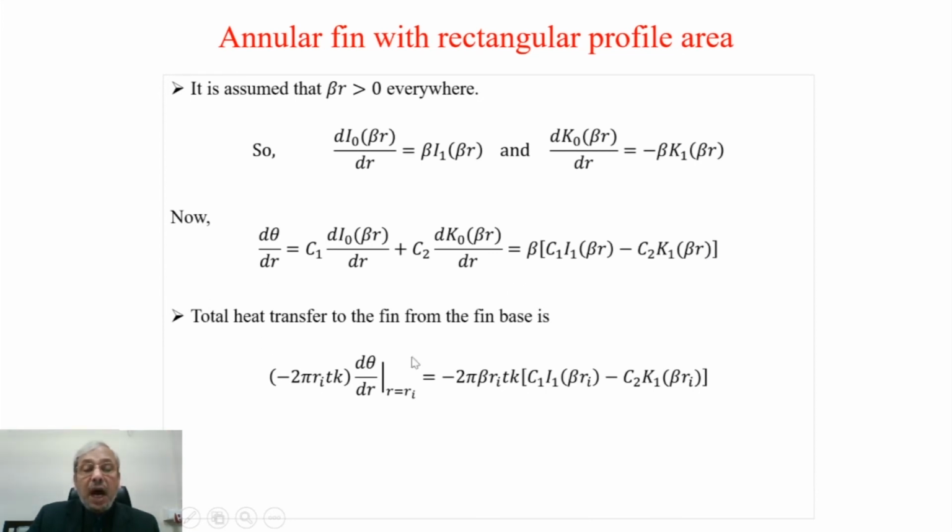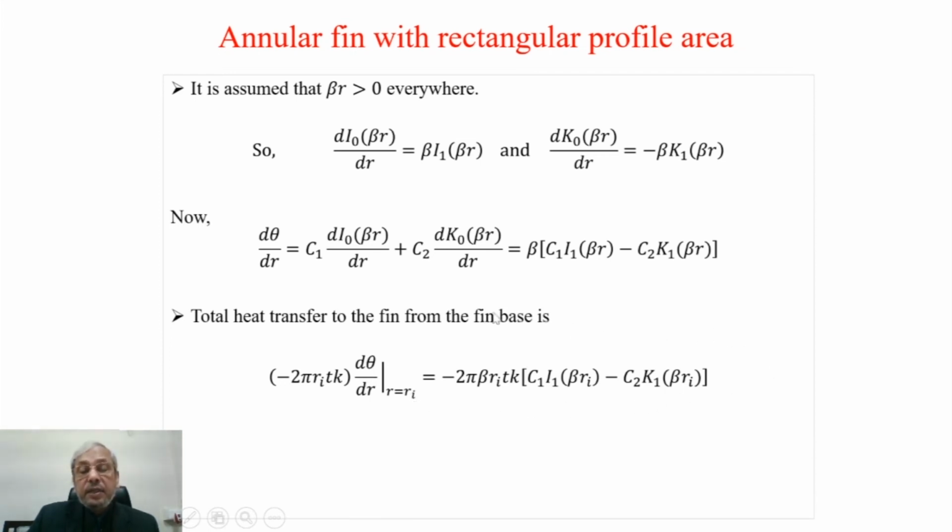That means at r equal to Ri, area, thermal conductivity and gradient, minus K A dT dr, can be written as minus twice pi Ri into K d theta dr at r equal to Ri.